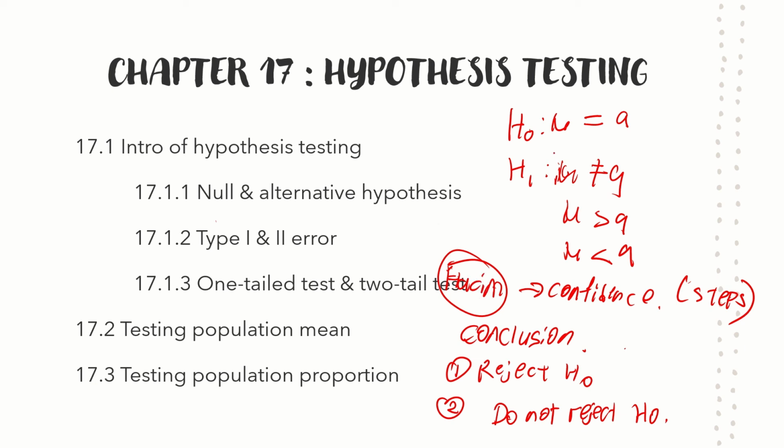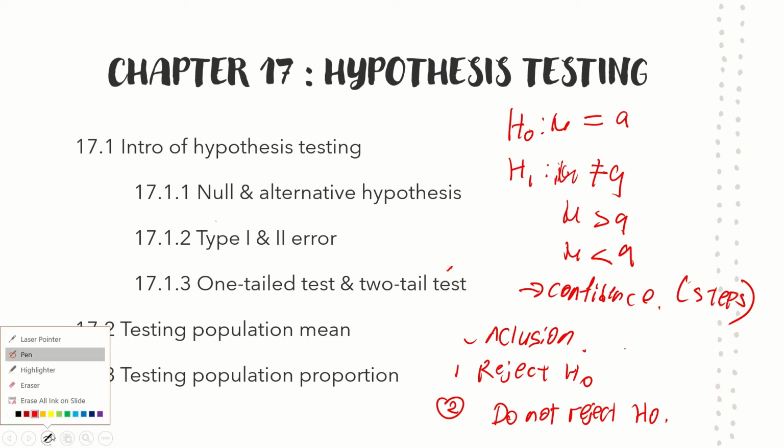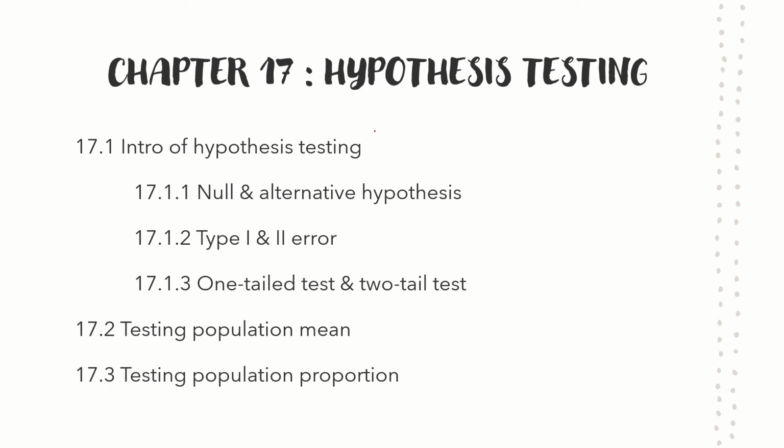This is for population mean. The same method you apply in population proportion also. So to conclude, the first step in this chapter is you have to list out H0 and H1.